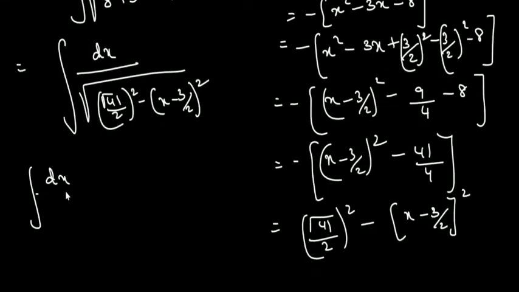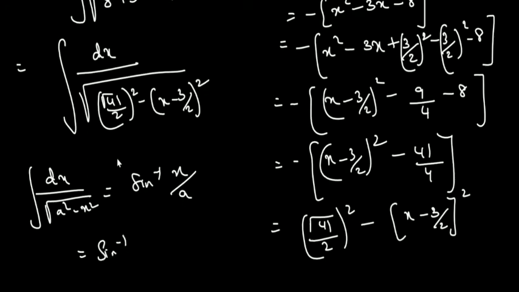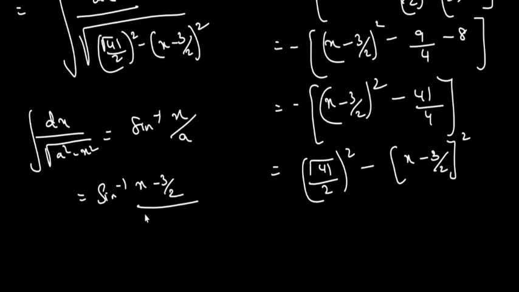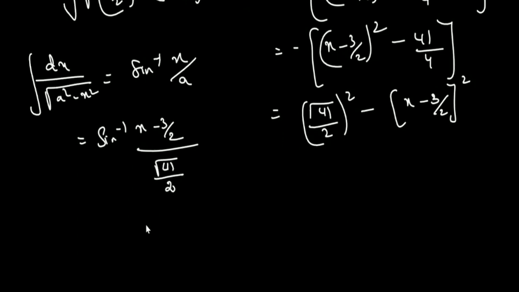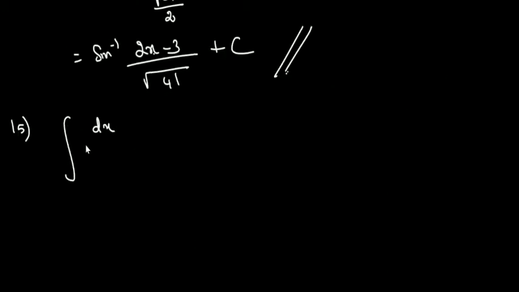Dx by root of a square minus x square is equal to sine inverse x by a. So that is equal to sine inverse x is x minus 3 by 2 by a. A is root 41 by 2. So that is equal to sine inverse 2x minus 3 by root 41 plus c.